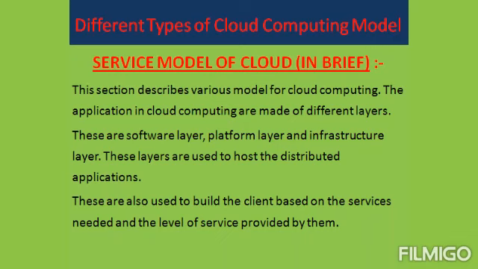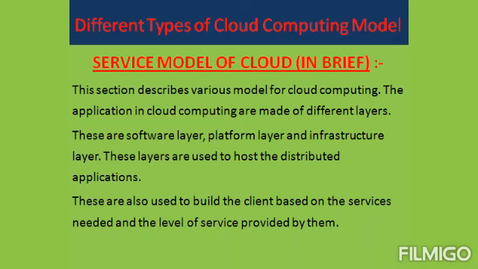Students, today we will discuss the cloud service model, or different types of cloud computing services, briefly. I have already given a short introduction to cloud computing services in a previous lecture or video. This section describes various models for cloud computing.